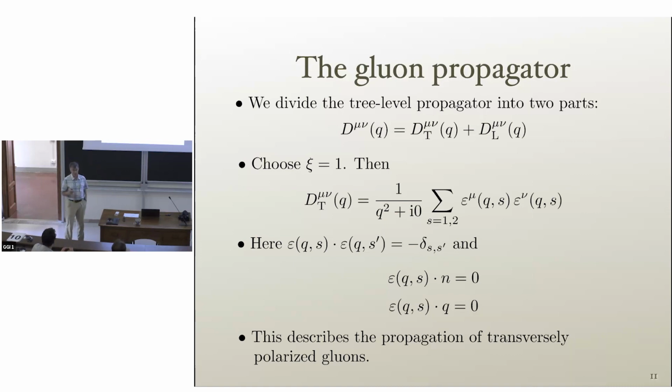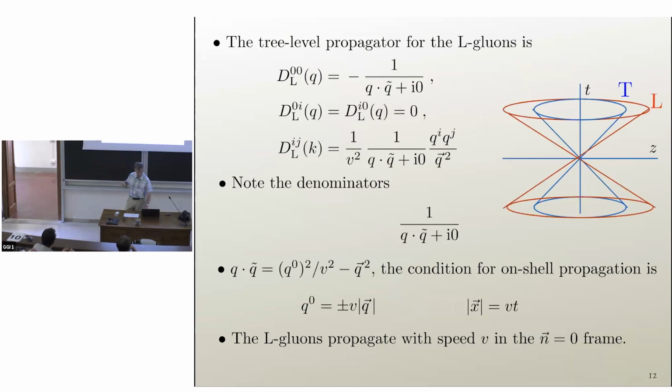I'm taking things that are real and transverse to q, so ε·n is 0 and ε·q is 0. So this piece defines the propagation of transversely polarized gluons. Those are the ones you want, but there's this other D_L. Remember, we had the complete gluon propagator, so D_L is whatever's left over.